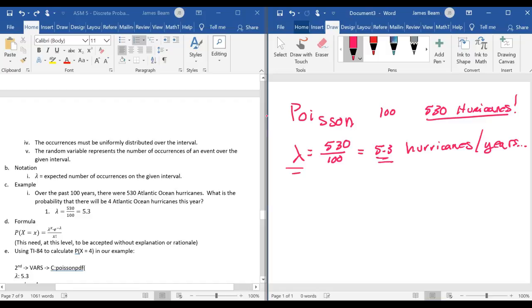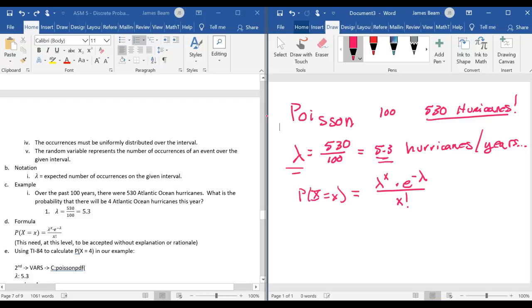It's 5.3. All right. Now, the Poisson distribution cannot be given as a table, and we'll get into in a minute why that is, but it can be given as a formula. You're not going to derive this formula because it's way too complicated. This, in fact, is the Poisson distribution formula.